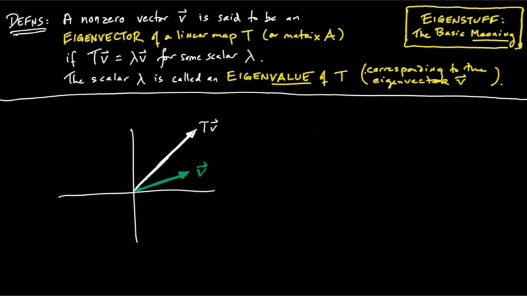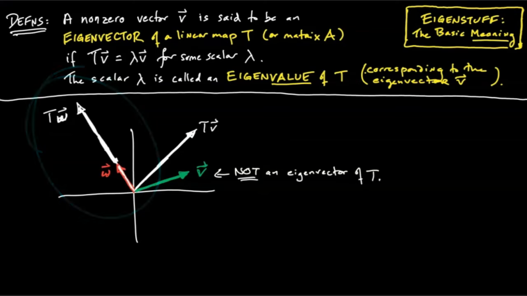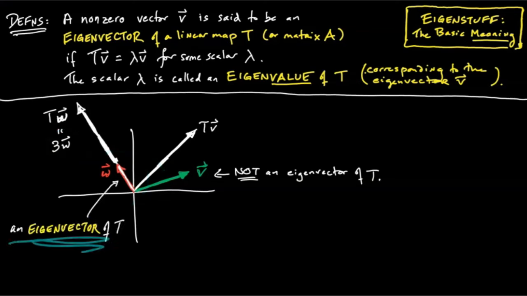So vector v is definitely not an eigenvector of T. On the other hand, maybe we have some other vector w, such that when we apply our linear map T, w gets mapped to this vector Tw, which actually does lie on the line that vector w itself lies on. This looks like T of w is, maybe 3w. So vector w is indeed an eigenvector of the map T with eigenvalue 3.